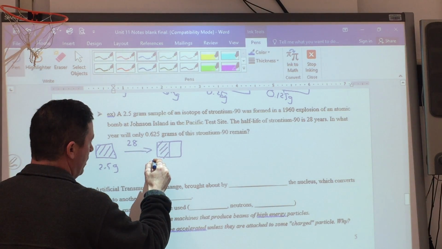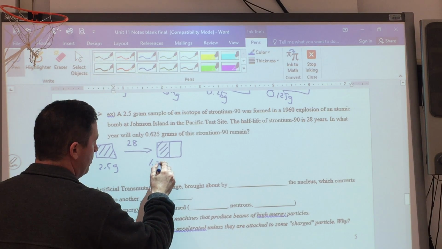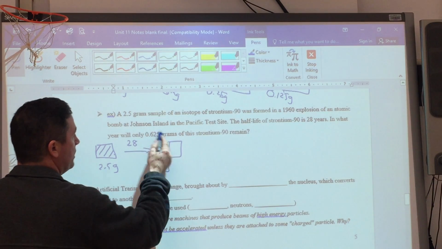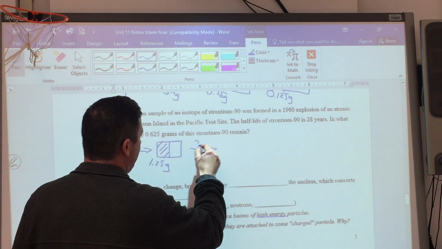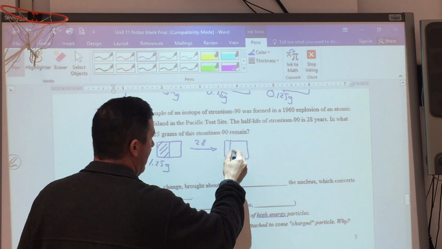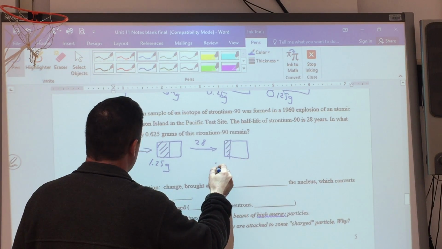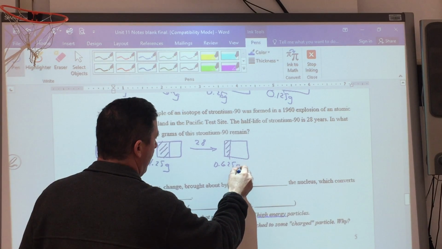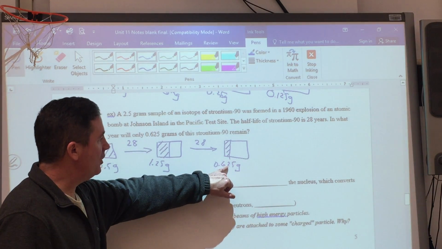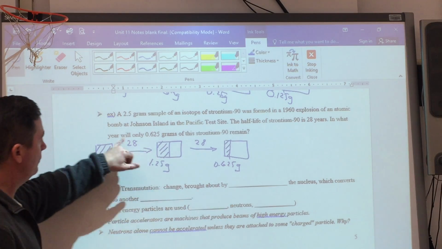What's half of 2.5? 1.25. I'm not at 0.625 yet, so I need another half-life. Same sample, half of that one. 0.625. So I'm left with 0.625 grams.